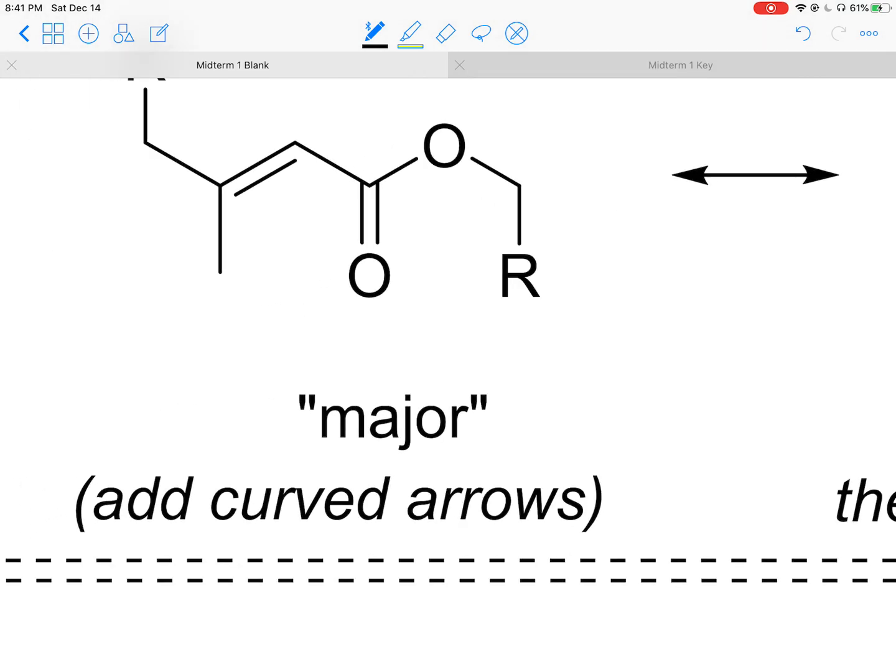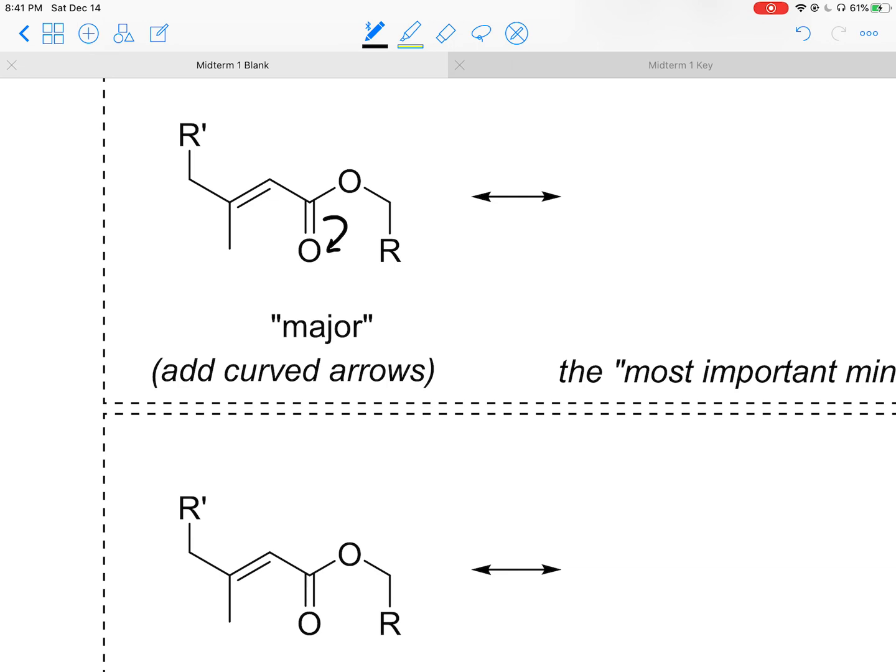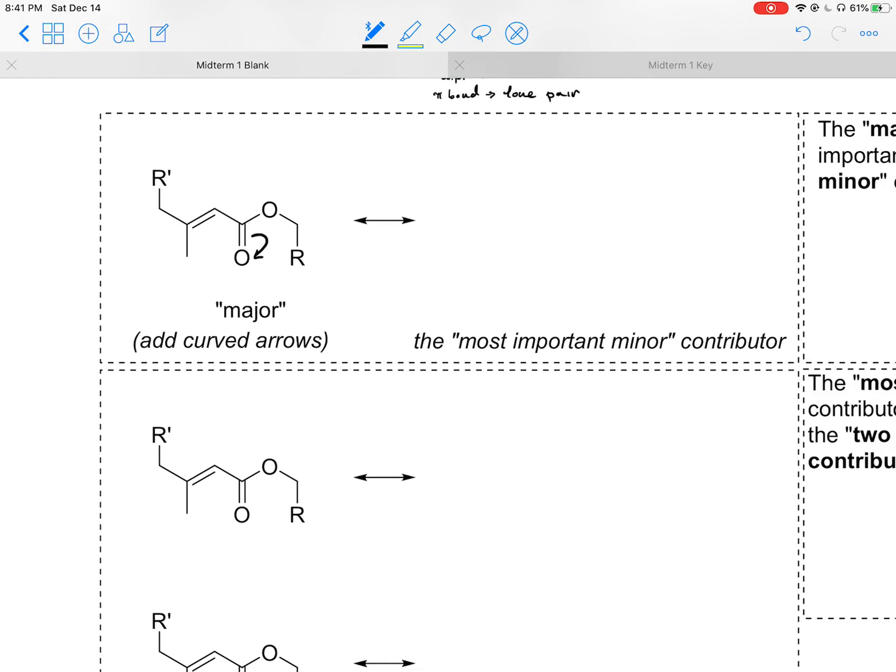So one version is just like moving these electrons from this pi bond onto this oxygen. I don't know if that's the most important minor, but that is one of the minor contributors, is just having a plus charge on the carbon. Oh, here, I guess we don't have to explicitly draw on that carbon.